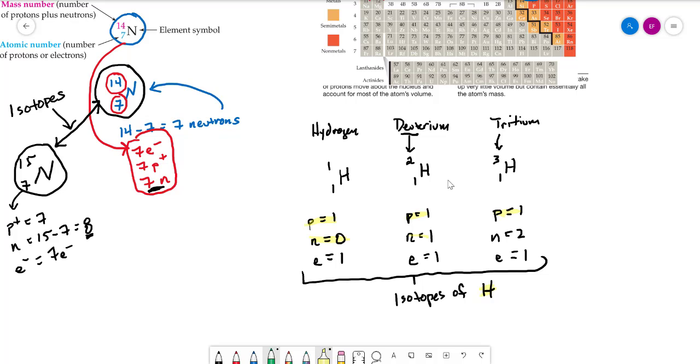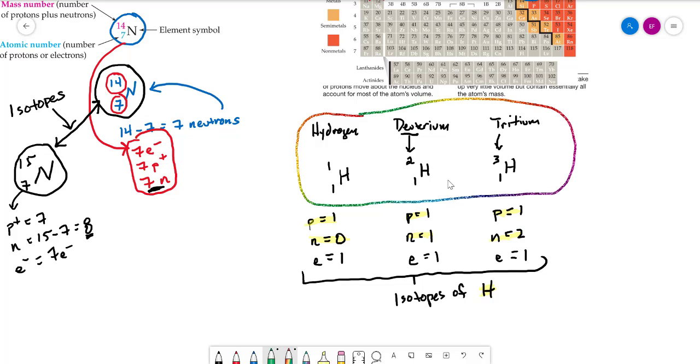So we have neutrons of 0, 1, and 2. And so the masses of each of these atoms are all different, right? Because a neutron actually has individual mass. Chemically, they all behave identically, which is really fascinating. And so all of these isotopes, you wouldn't really know the difference, but they have slightly different masses from each other.